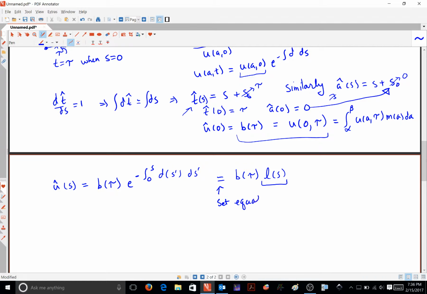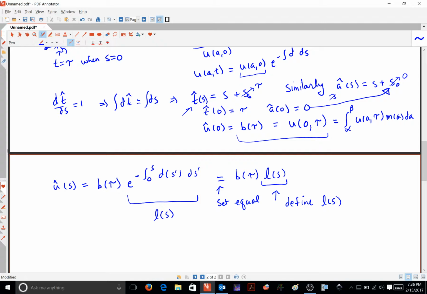Because remember, they're trying to make it look like that equation from section 1.10. And so they're trying to define what L of s is. If you set that equal and you want to define L of s, that means L of s has to be equal to that function right there.